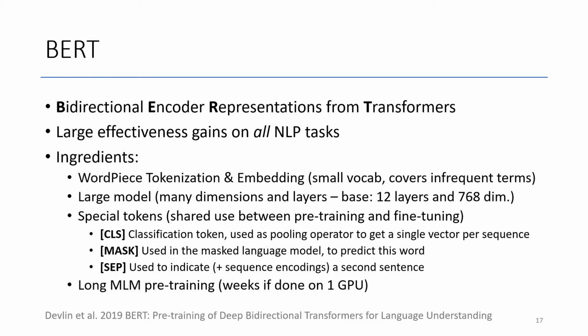So the most important one is the CLS token, the classification token. It is prepended to every sequence that's fed into BERT. And it is used as a pooling operator to get a single vector per sequence.